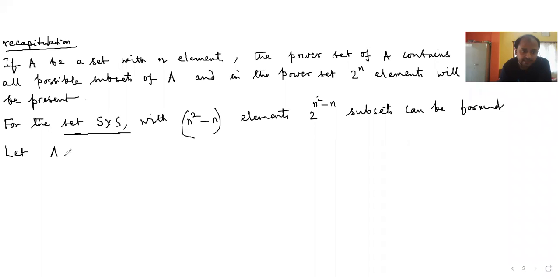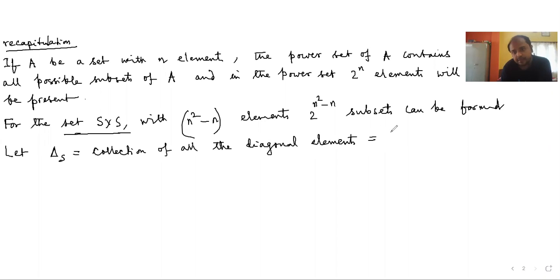Let delta S represent the collection of all the diagonal elements. And in delta S, we have the elements A1, A1, A2, A2, AN, AN. All the elements are present.